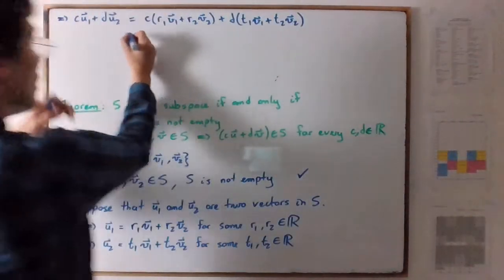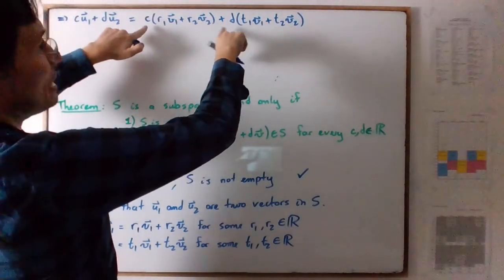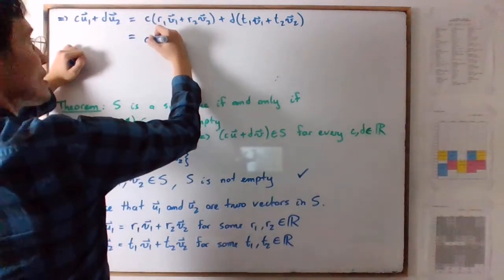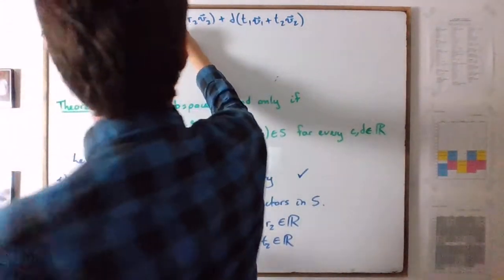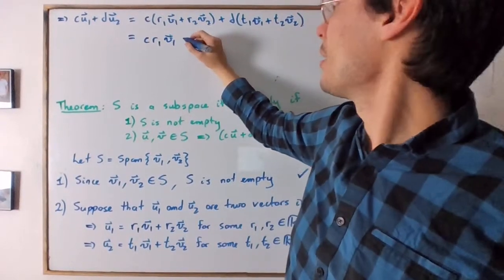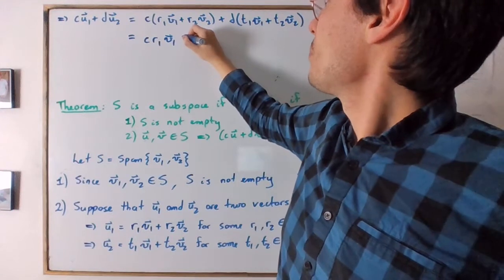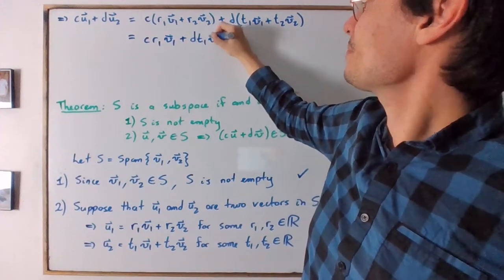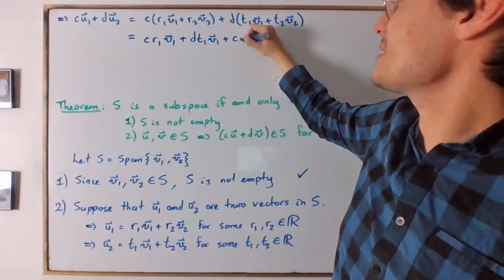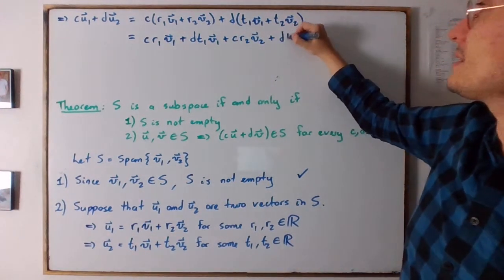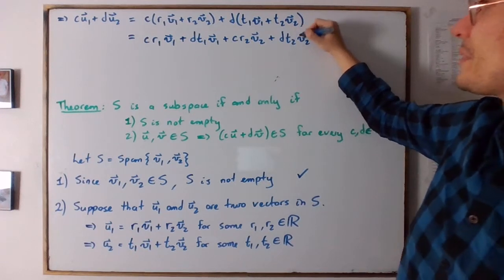Let's distribute everything and move all the V1s together because, of course, vector addition is commutative. So we have C R1 V1 plus D T1 V1 plus C R2 V2 plus D T2 V2.